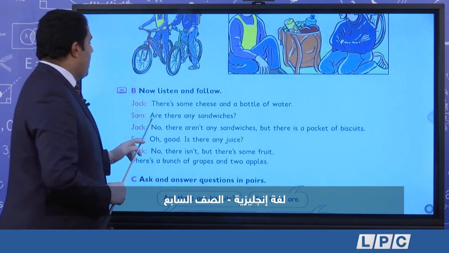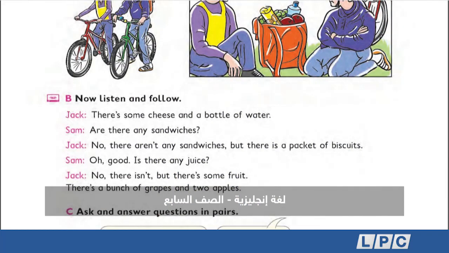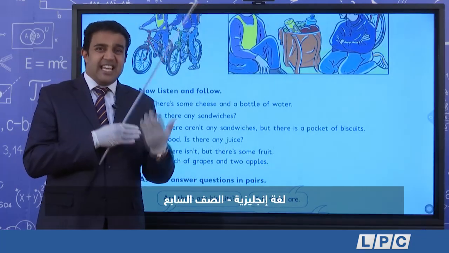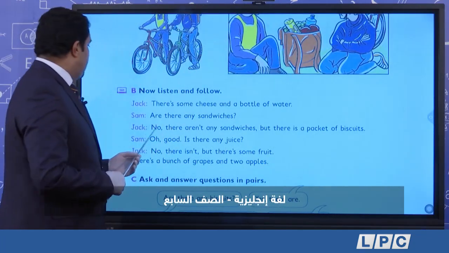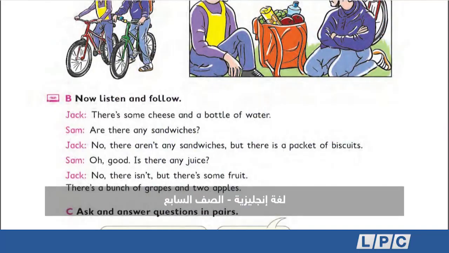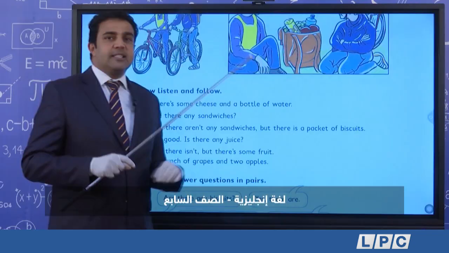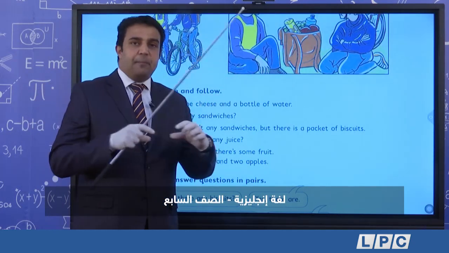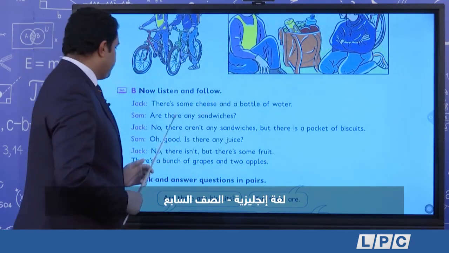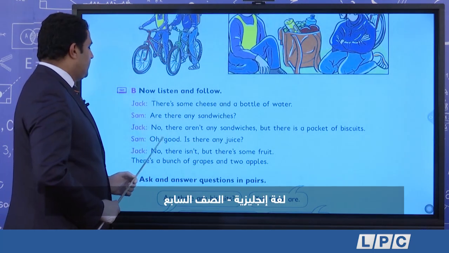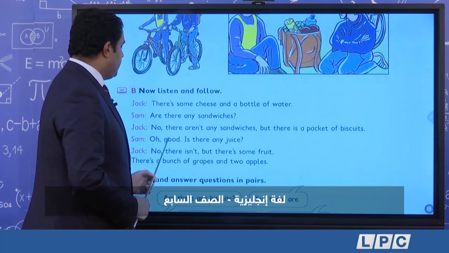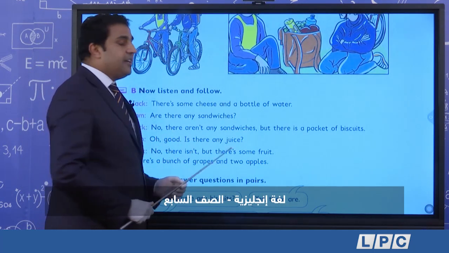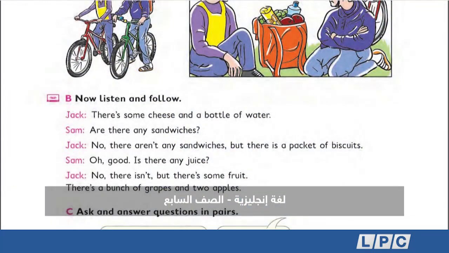Sam: Are there any sandwiches? Jack: No, there aren't any sandwiches. But there is a packet of biscuits. Sam: Oh, good. Is there any juice?